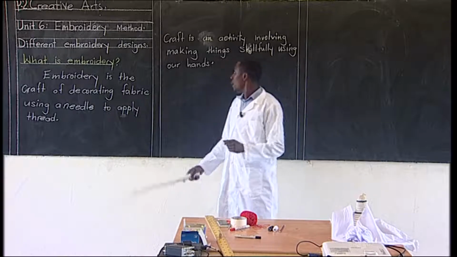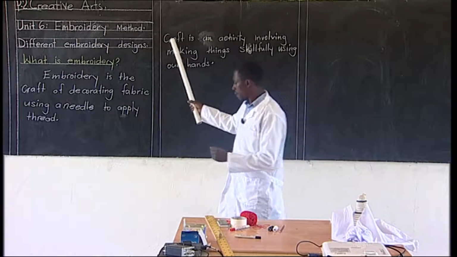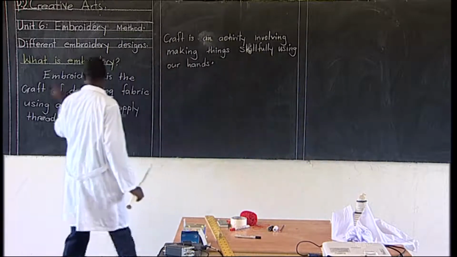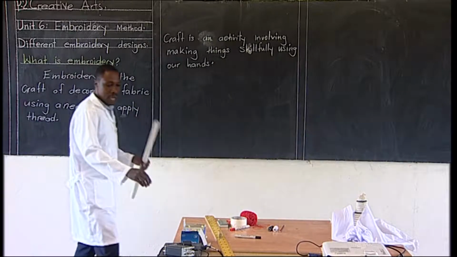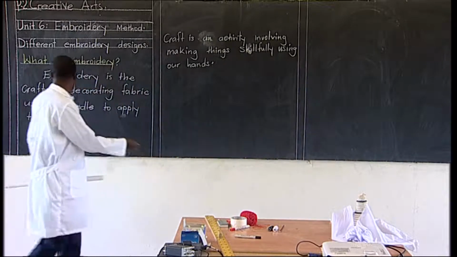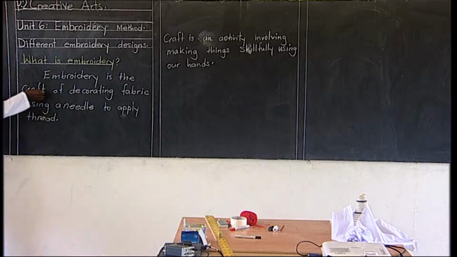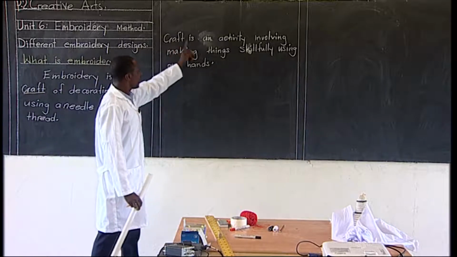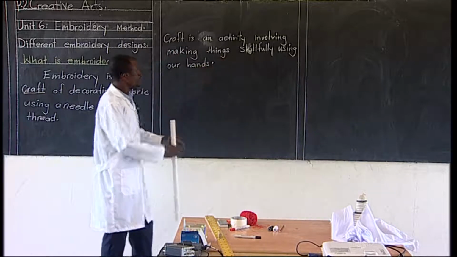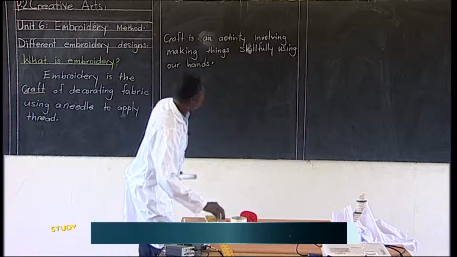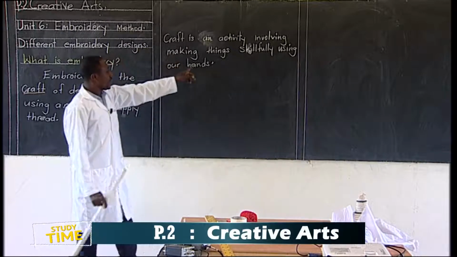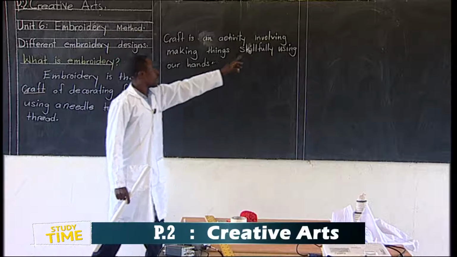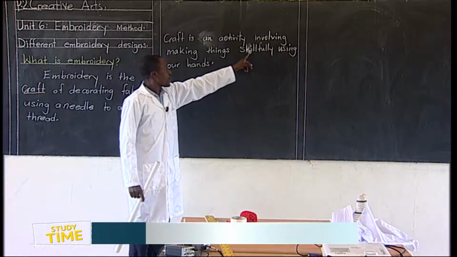Good. Now, the word craft. We have a new word in our statement. Craft is a new word. We have said a craft is an activity involving making things skillfully. The word is from the word skill.